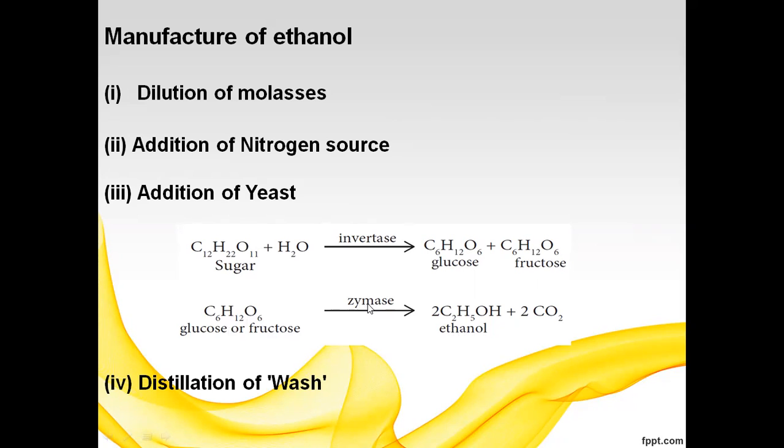That is the zymase process. So the sugar is converted into glucose and fructose, and the glucose and fructose is converted into ethanol. So this process involves these stages. So this is the ethanol formation: 2C2H5OH plus 2CO2.